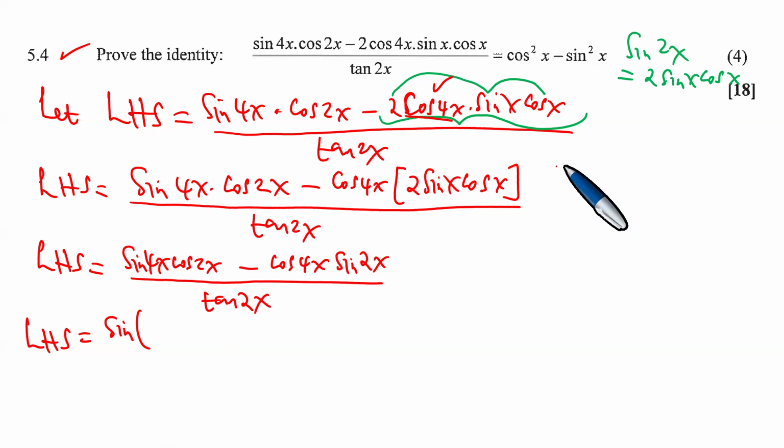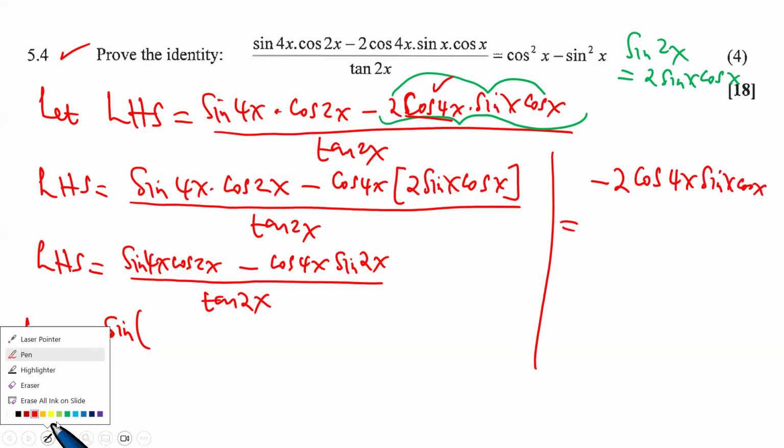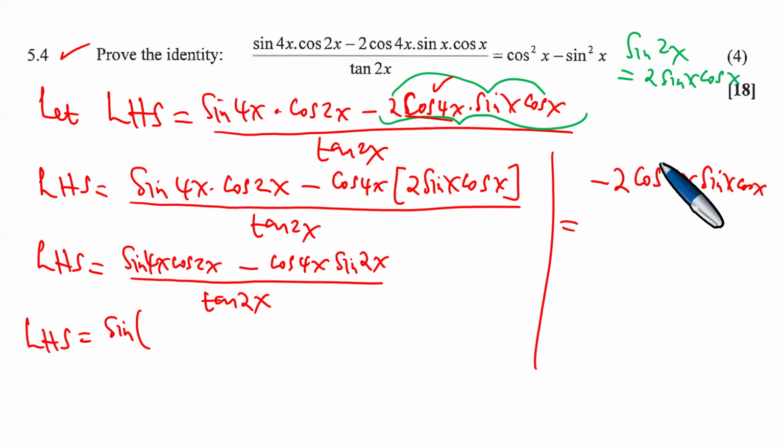Okay, because we were having what? Okay, let's put it together. We're having minus 2 cosine 4x sine x cosine x. So we can take out this one with the negative.